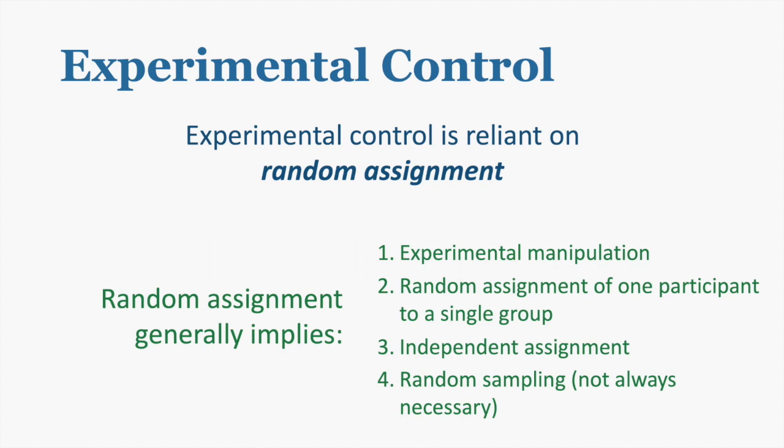Random assignment of one participant to a single group, so they're not going to multiple groups. They're not having crossover effects. Independent assignment, so the assignment does not depend on the last person's assignment or anyone else's. And random sampling. This isn't always necessary, but random sampling plus random assignment is often the best strategy for success when it comes to experimental control.